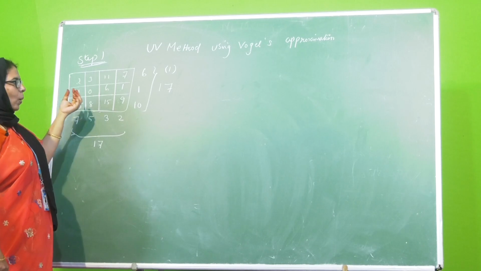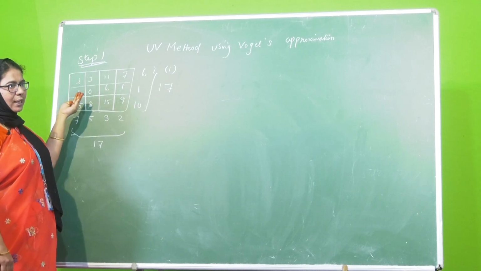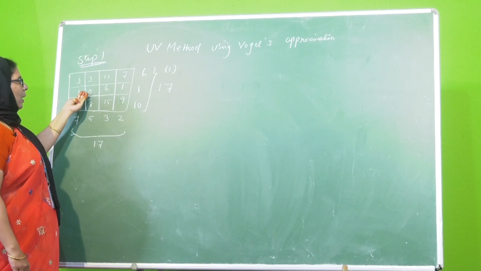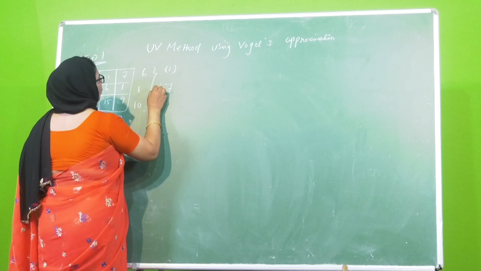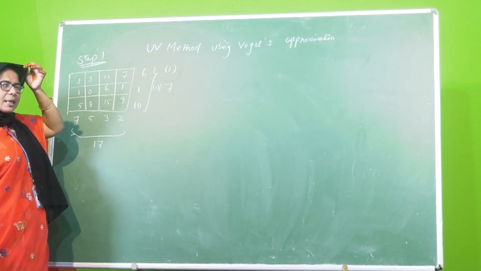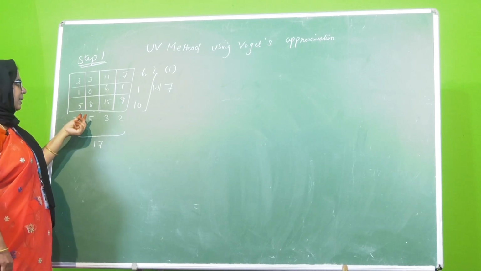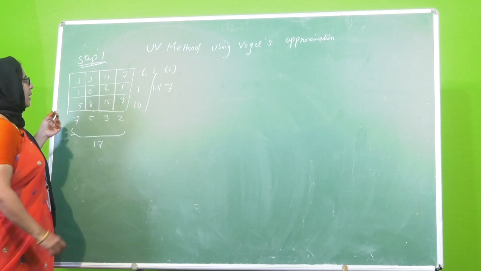In the second row, 0 is the least element and 1 is the next least element. The difference between 1 and 0 is again 1. In the third row, 5 is the least element and 8 is the next least element. The difference between 8 and 5 is 3.